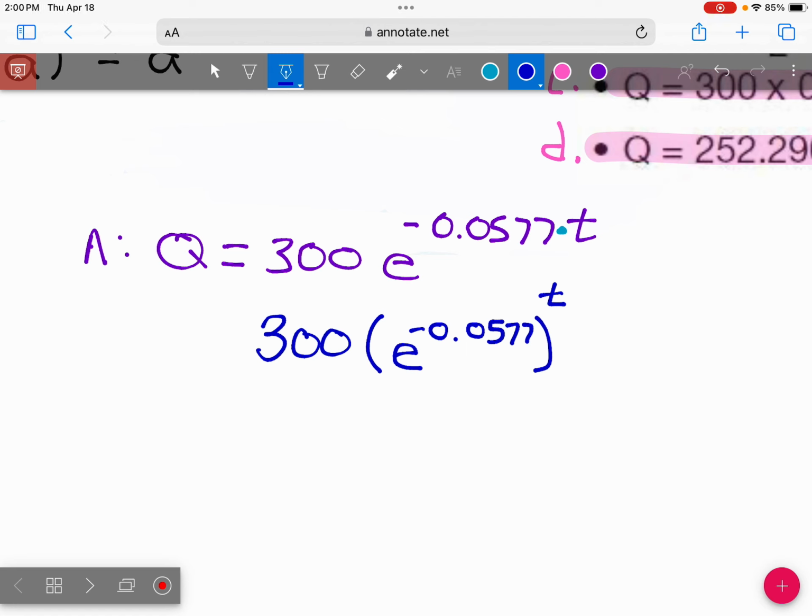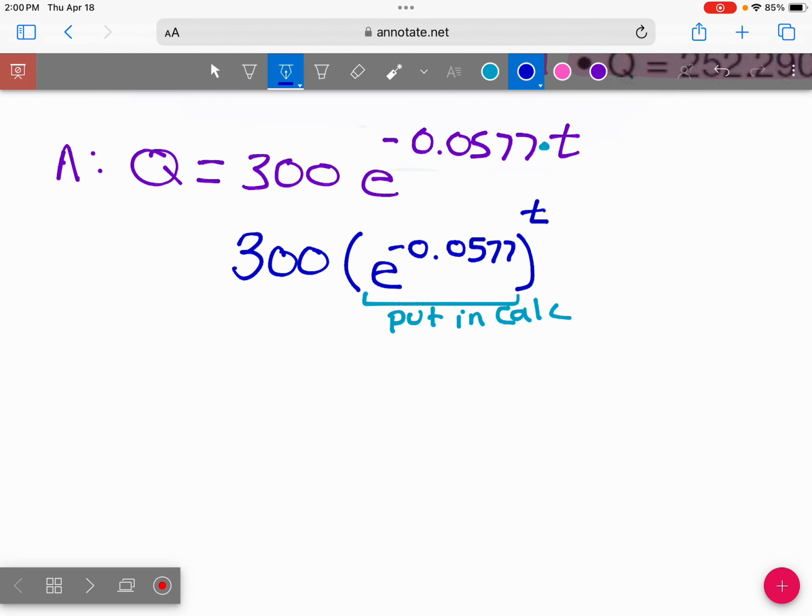And we might look at this and go, why? This is all stuff we can put in the calculator. E is a button on the calculator. So if I put that in the calculator and we do our 300 times, and I just simplify this piece.